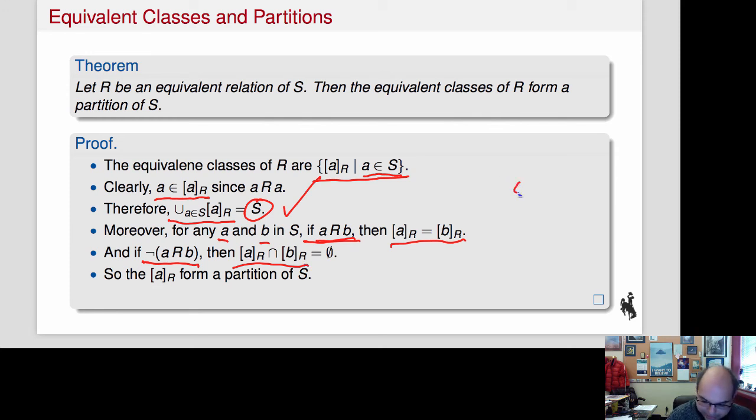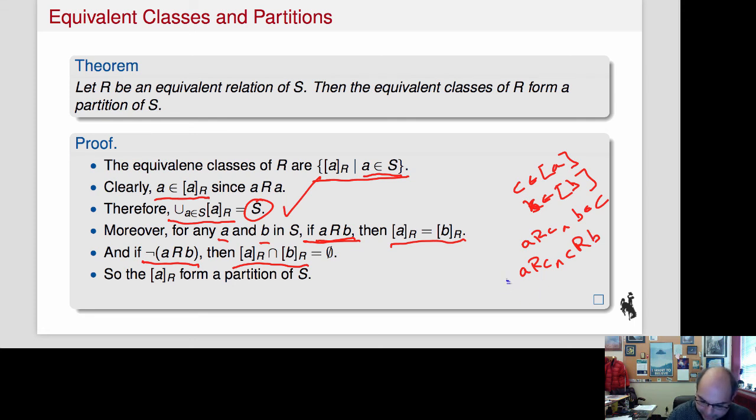Because otherwise, let's say that C belongs to the equivalence class of A, and C belongs to the equivalence class of B. Then A is related to C, and B is related to C, which means that A is related to C, and C is related to B because of symmetry.